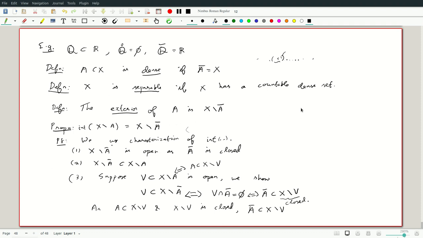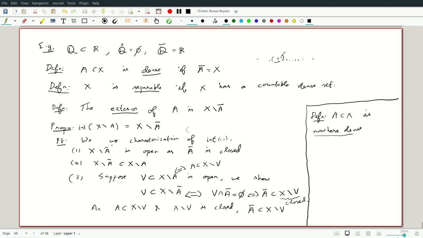It also gave us an exercise in playing around with these definitions. So let me make a definition here. This, as I said, is less important than being dense, but very important in one particular context. We say A in X is nowhere dense. It's kind of the opposite of dense, but a typical set is neither nowhere dense nor dense.